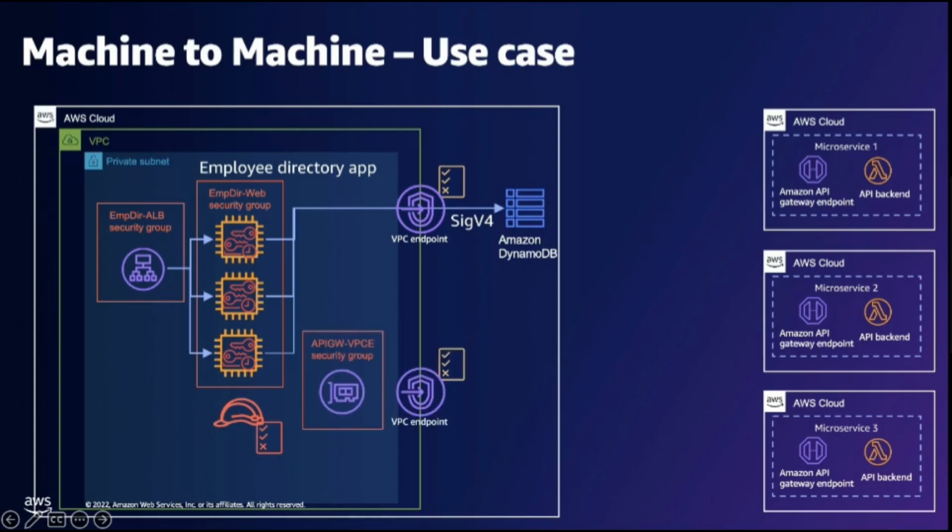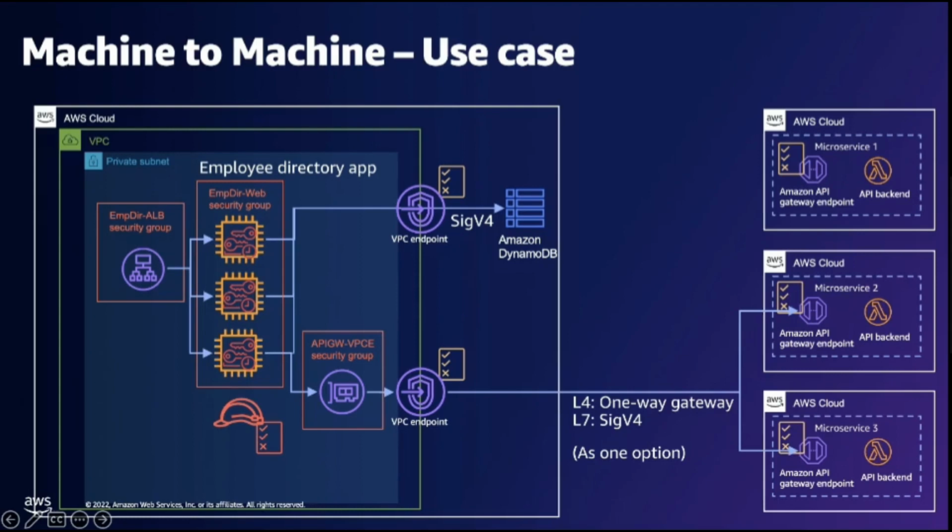All right, and again, we are continuing to expose microservices to our application. This is another situation where we can create another VPC endpoint and connect that VPC endpoint with microservices in a different account, right?